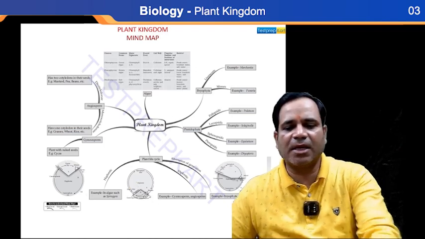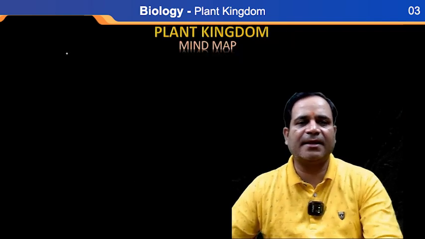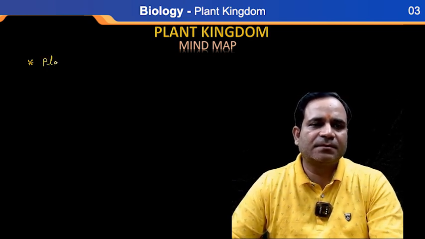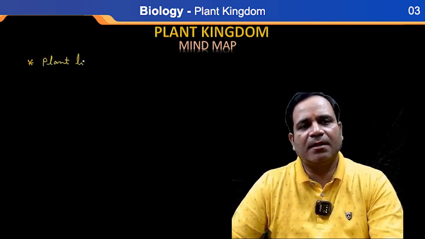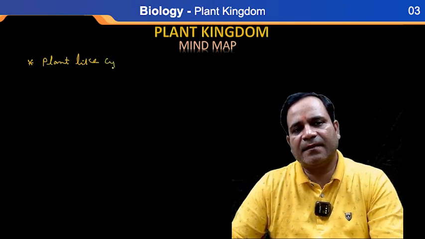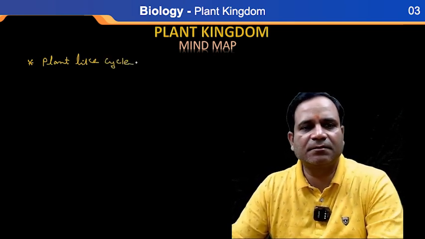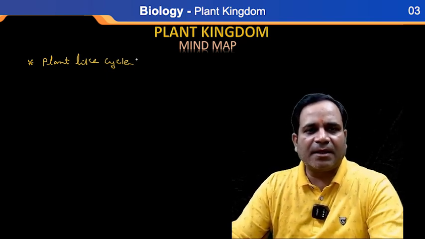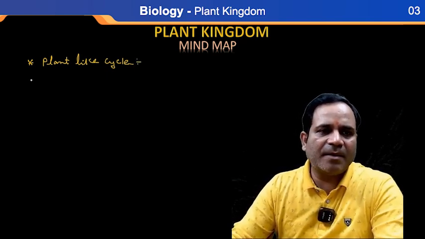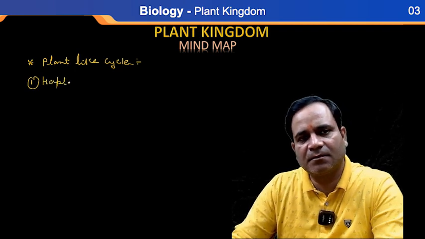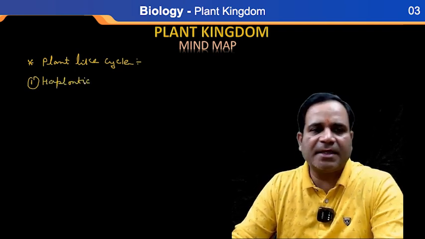Now I'm going to tell you about the plant life cycle. How many plant life cycles are there? Number one is the haplontic life cycle.